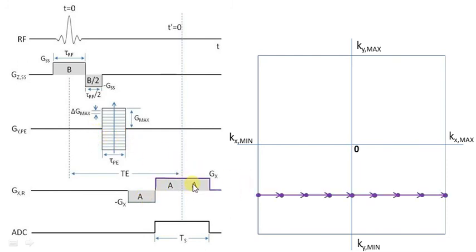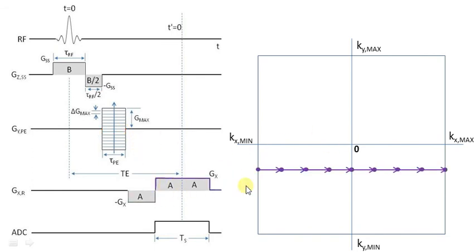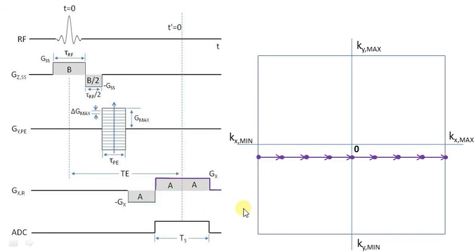Then a smaller value of phase encode gradient gives a smaller movement in k-space, and the read gradient brings us over there again, and then we read the data. Continue again, do it again, do it again.